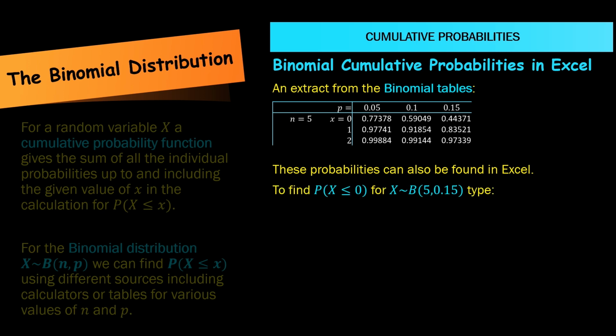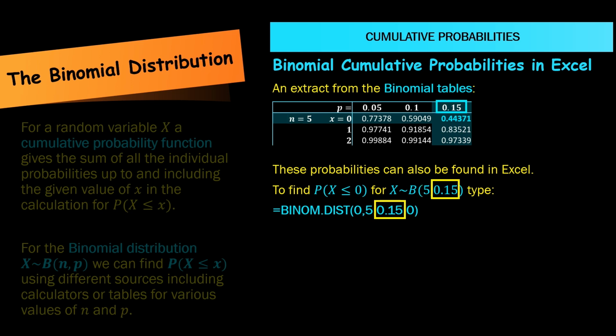So, for example, to find the probability that x is less than or equal to 0 for x distributed binomially with n equals 5 and p equals 0.15, we type equals binom.dist, open bracket, r equals 0, positioned here and here, n equals 5, positioned here, and p equals 0.15, positioned here in our formula for Excel.